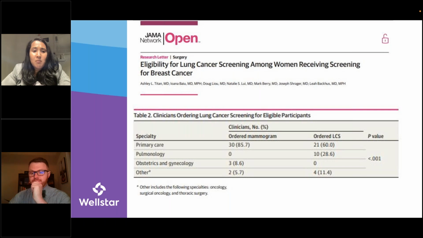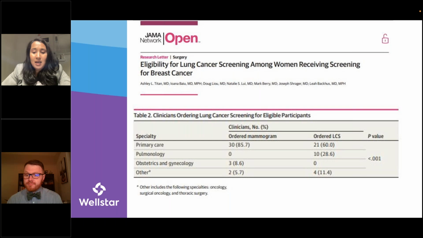And then one interesting study that I found was conducted at Stanford University. It was specifically in women between the ages of 55 to 74 years of age, who had undergone breast cancer screening. And what they noticed was that out of 874 women enrolled in the study who had undergone breast cancer screening, about 99 were eligible for lung cancer screening.